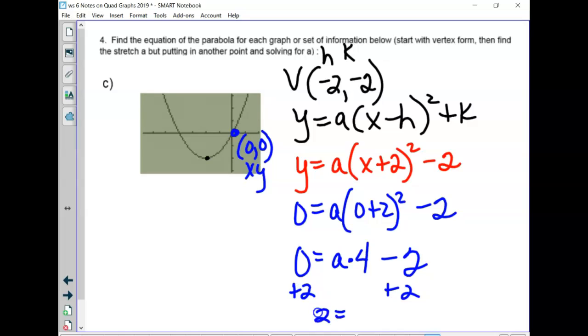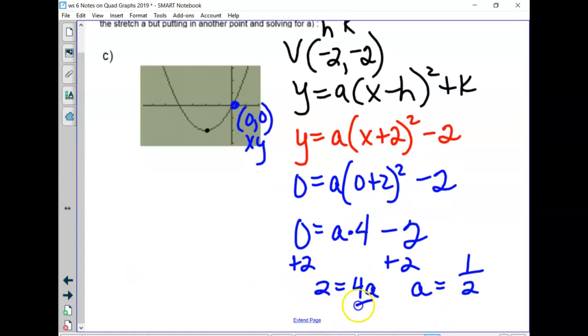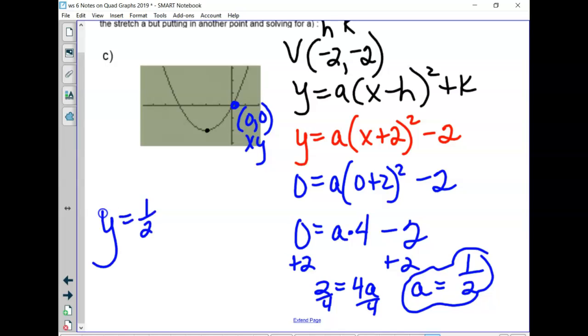And I get 2 equals 4A. So A is what? Be careful. 2 over 4, which would be 1/2. Right? Got to divide by 4. So final answer, y equals 1/2 (x plus 2) squared minus 2.